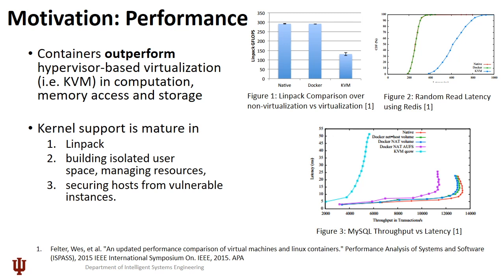If I do, for example, a random read out of the Redis database, I can see the same thing. In green we see a really good performance that is almost on top of the native performance, and the performance in the KVM versus the number of reads is falling down quite rapidly. When we do this with MySQL as a benchmark, we see the same behavior. KVM is really slow.